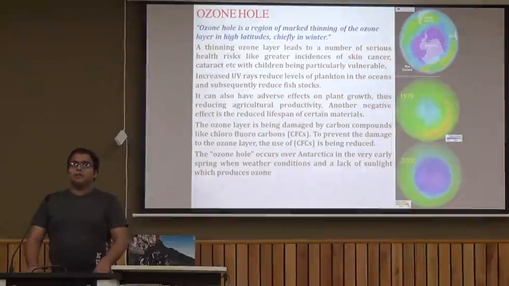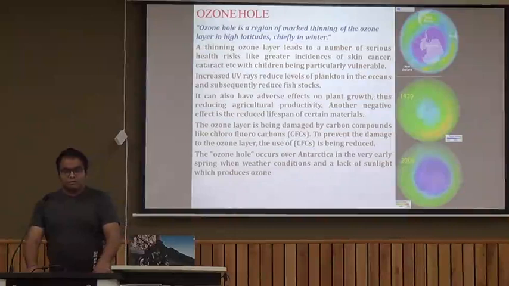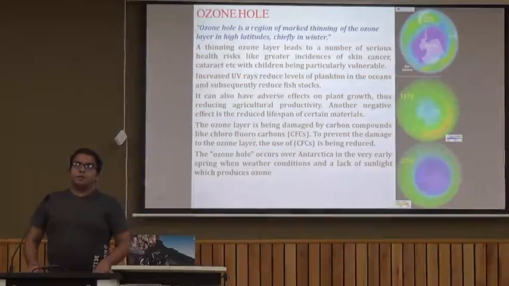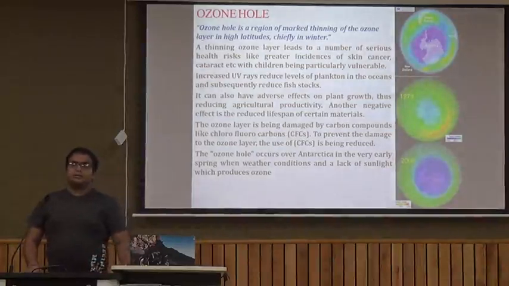The basic cause of the ozone hole is chlorofluorocarbons, which are produced by refrigerators and ACs which we use. The ozone hole which occurs over Antarctica in the very early spring is one of the most deteriorating ozone holes we have observed on our Earth, and it is causing a lot of damage to Antarctica and its ecosystem.